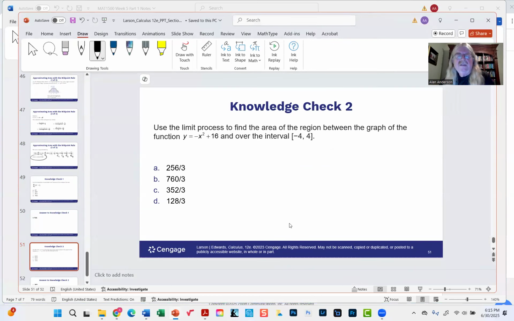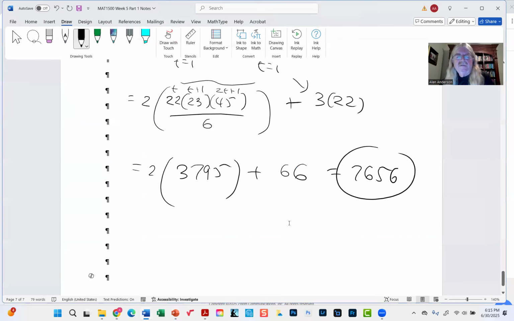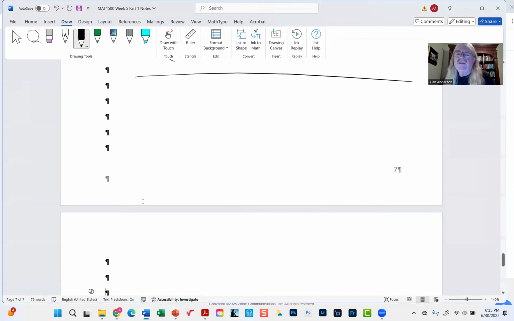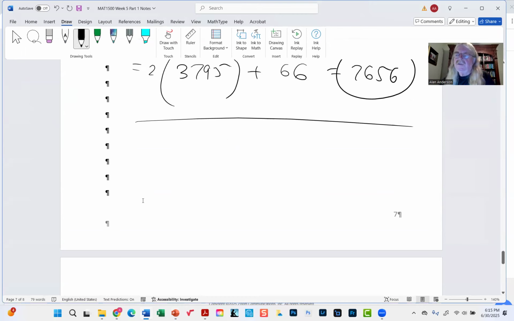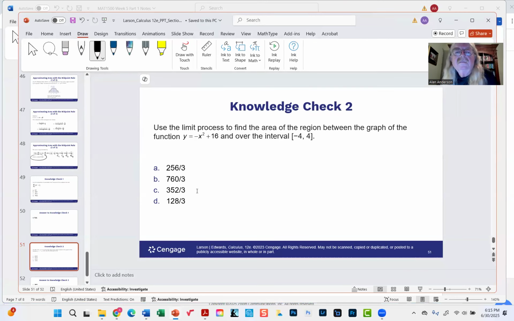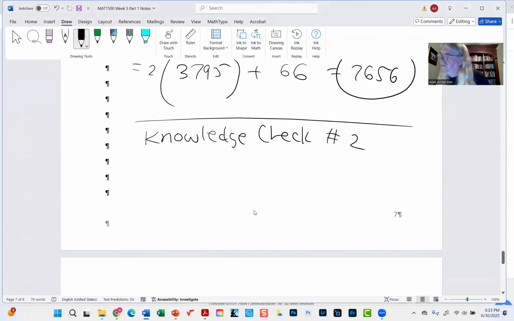And then they want us to use the limit process to find the area of the region between, let's see. Now, if you notice, they didn't specifically tell us how wide the intervals should be.